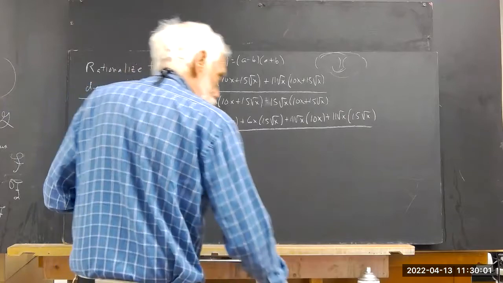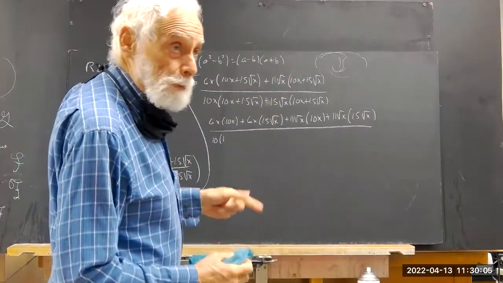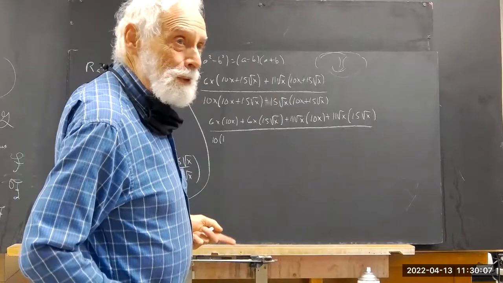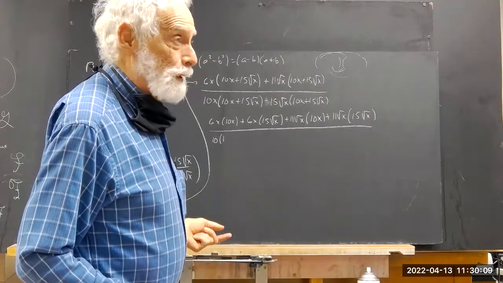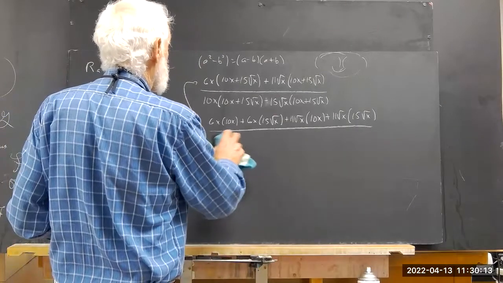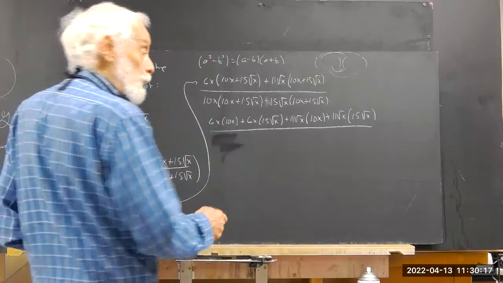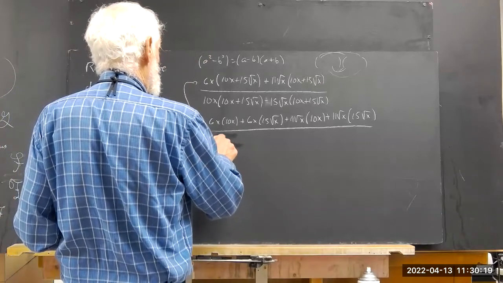And see, I pretended to make a mistake when I wrote this down, because some of you are making the same mistake. I didn't write the x on this. It's very easy to do that. Very easy to leave the x off the square root of x because you're looking at the numbers. Be careful.